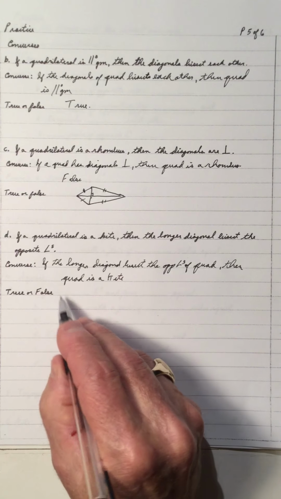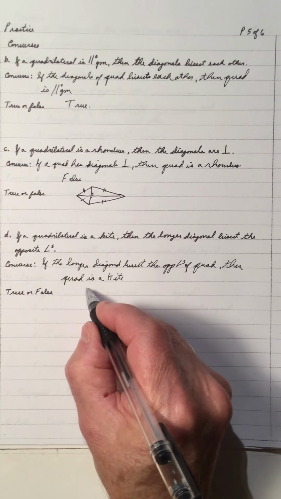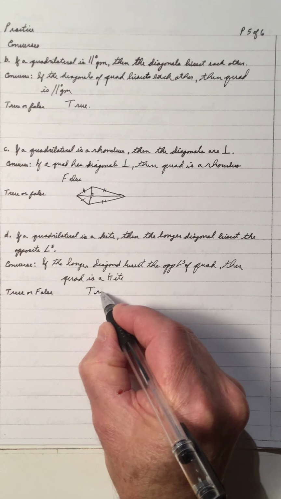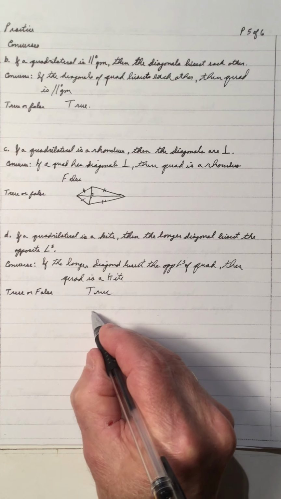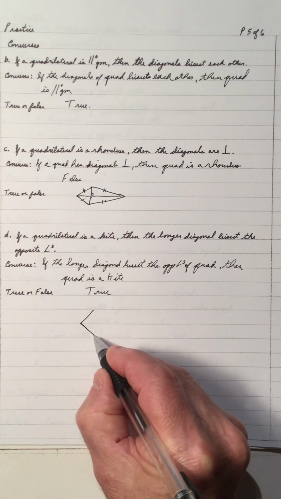And if the longer diagonal bisects the opposite angles, so what we're saying, this is true. What we have is a kite. The longer bisects the opposite angles.